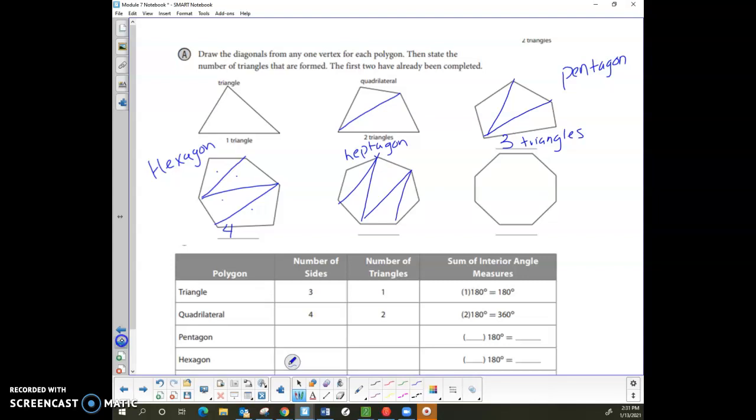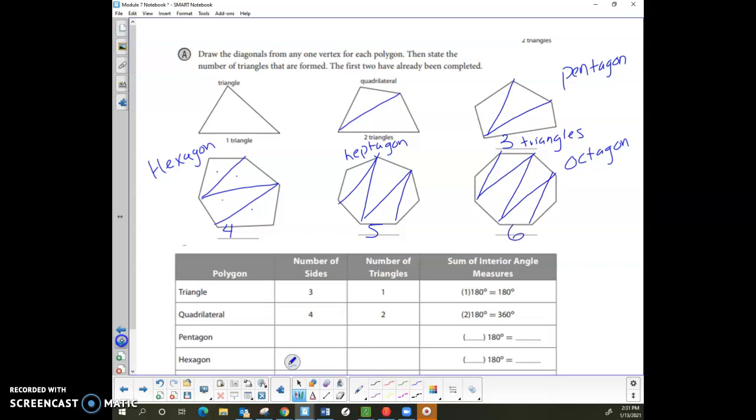You can draw the diagonals in there differently, but you will still get the same amount of triangles. This one, in this case, has 5. The next one is an octagon. So 8 sides. If I draw in the diagonals, I end up with 6 triangles.